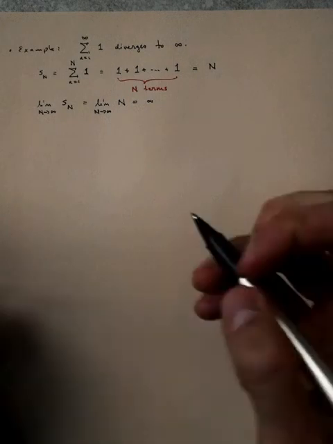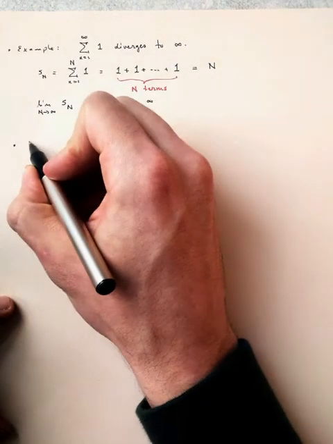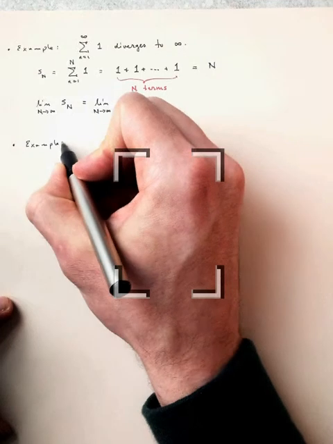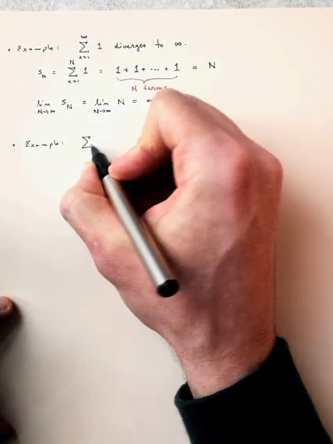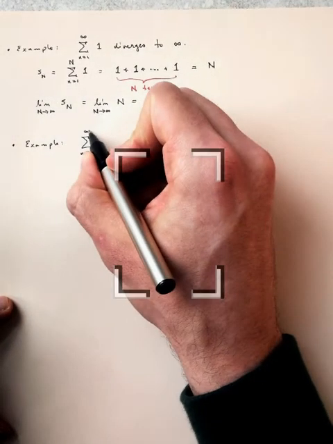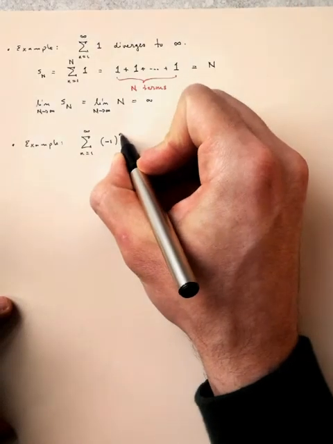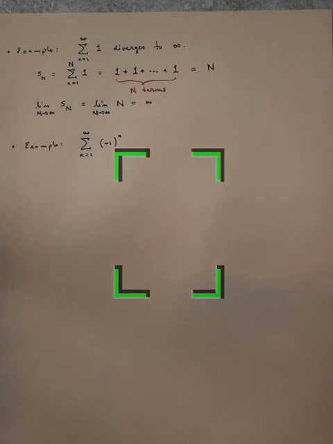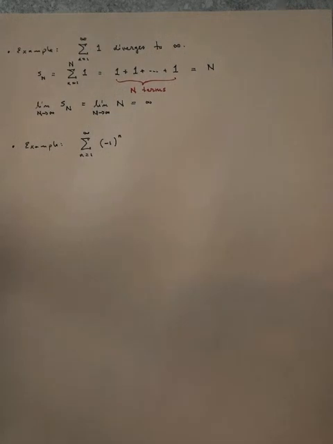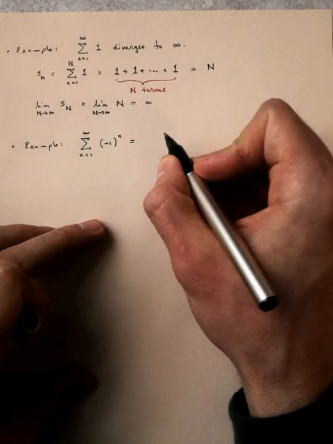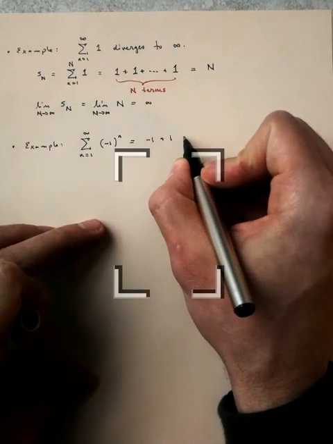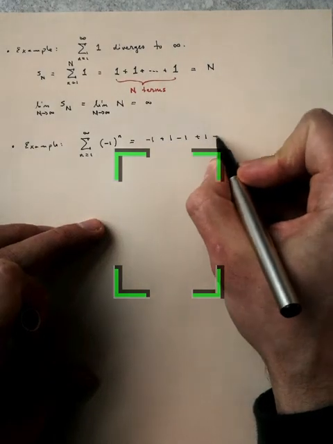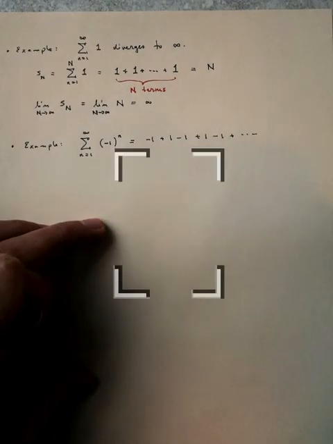Here's another example. This one is a little bit weirder. Let's look at the sum of negative 1 to the n. So this is equal to, by definition, negative 1 plus 1 minus 1 plus 1 minus 1 plus forever.